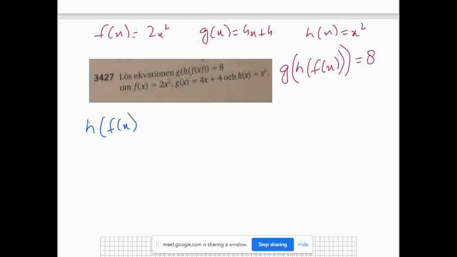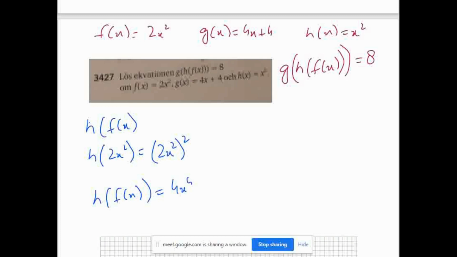Now h f of x means that h, what is the value of f of x? That is 2x square. So this will be equals to 2x square whole square. Is it? It means that h f of x will be equals to 4x^4.